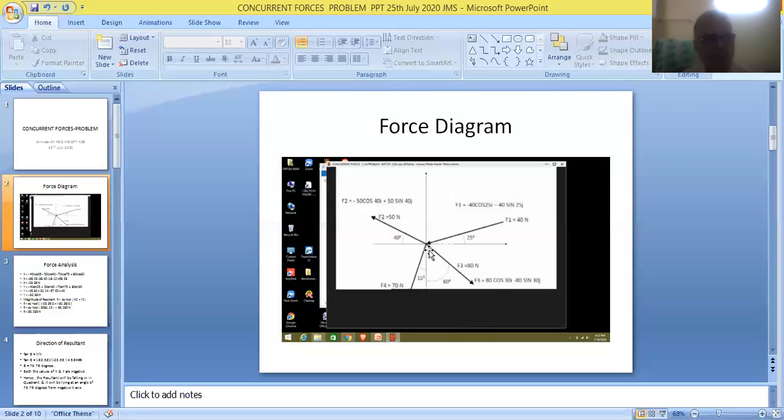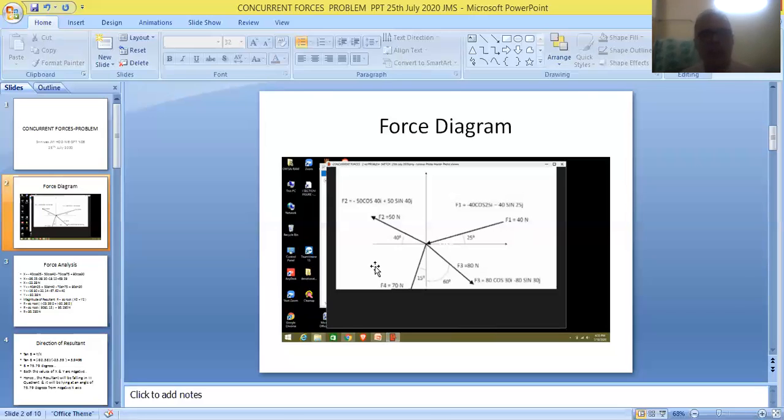So friends, always, F1 into cos theta, we get the horizontal component, and F1 into sin theta, we get the vertical component, as I've already told you in the beginning.